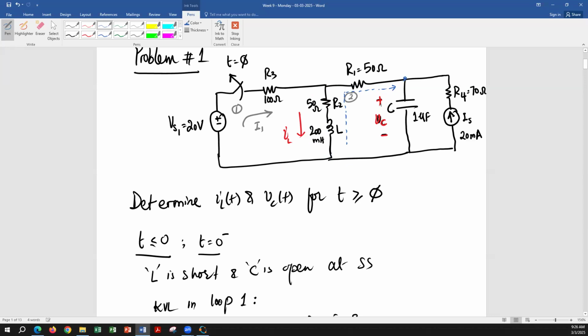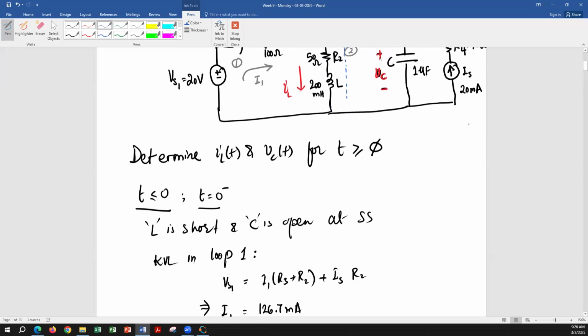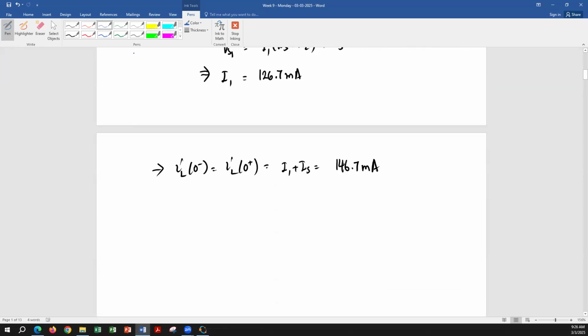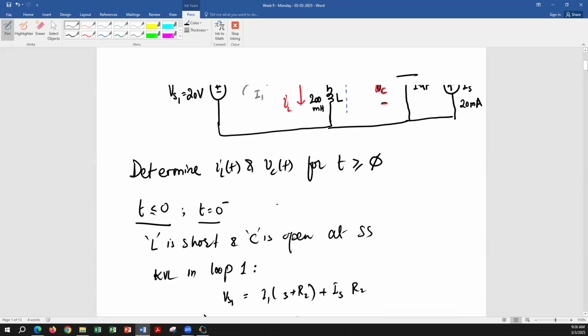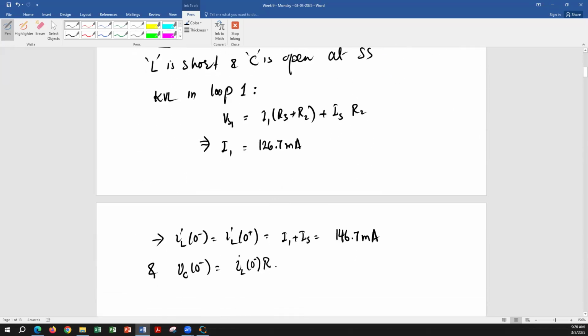That's going to be the voltage at this moment, right here. 8.33 volts.